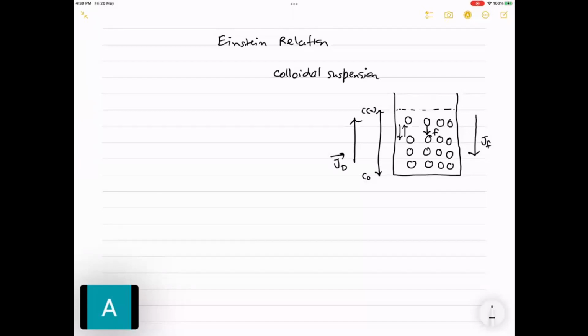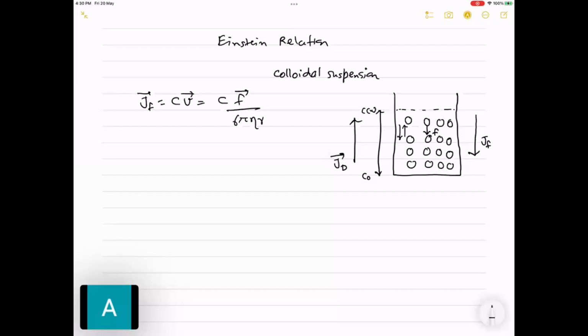So I can write down the expression for the flux due to this force which is acting on these particles, and I can write this as C into V. This can be written as C times F, the force acting on the particle, divided by 6 pi eta R using the Stokes law or drag coefficient.